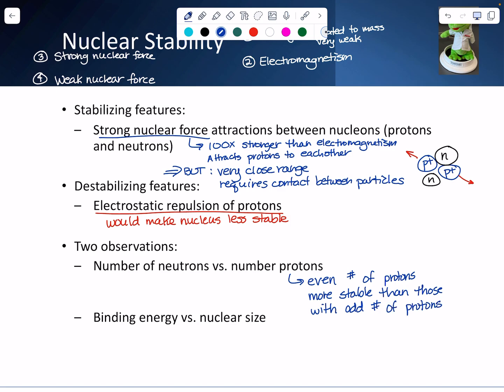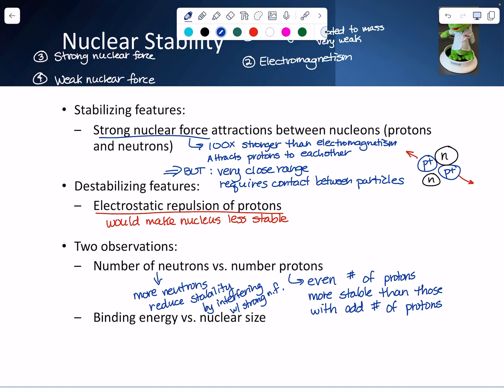More neutrons tend to reduce stability of the nucleus, and again, I'm going to say by interfering with the strong nuclear force. So the strong nuclear force is the thing that controls stability.